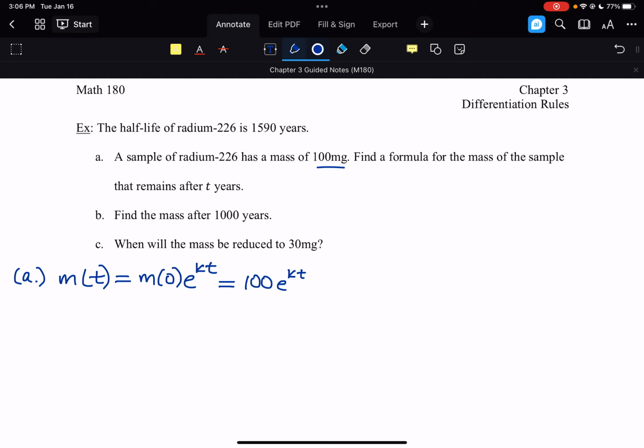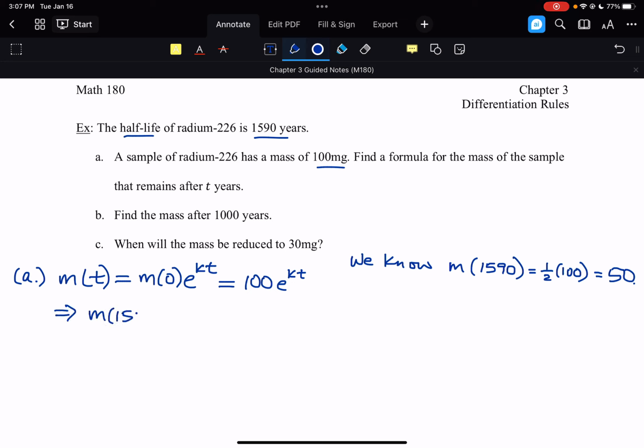And we only have one other piece of information. We know the half-life is 1,590 years. So we know that the mass after 1,590 years will be half of the original 100, so 50. So we can go ahead and use that information.